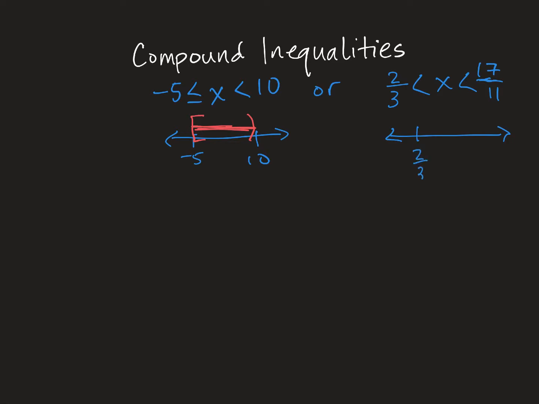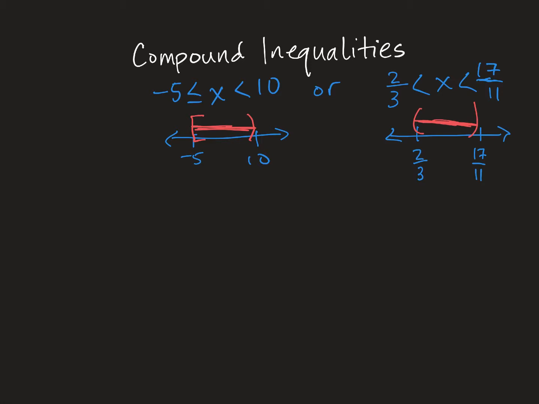So for 2/3 and 17/11, x could be any value in between 2/3 and 17/11. This time, it cannot include either 2/3 or 17/11 because those are strict less thans.